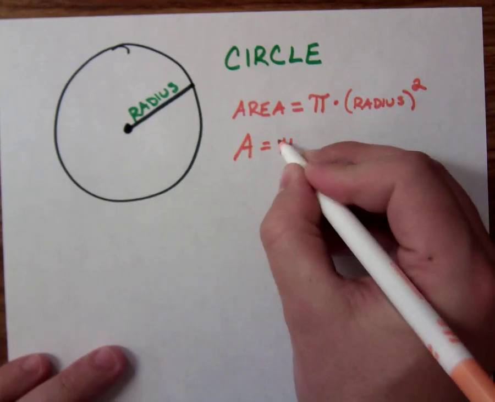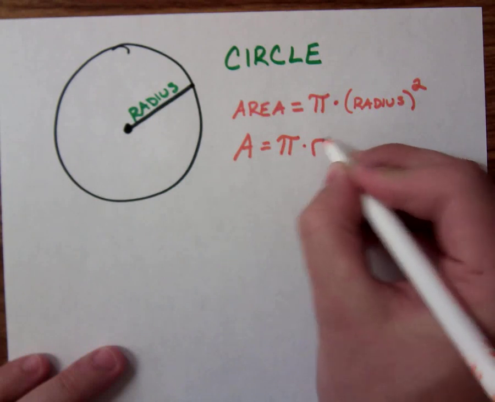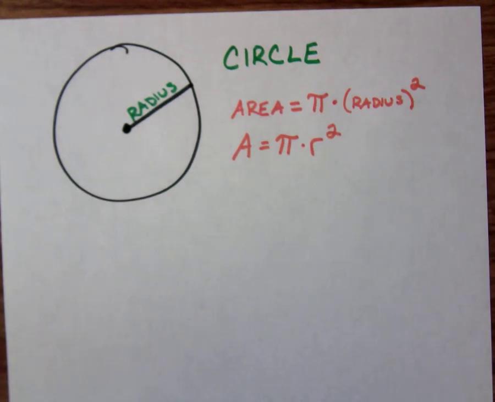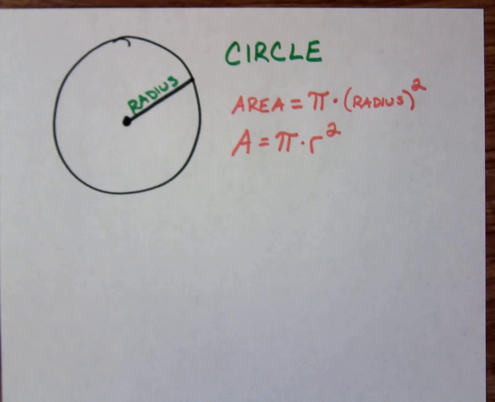Say that again? So where do you get radius squared from? Well, you'll be given either the radius or the diameter, and then you just use that. So your radius squared is just like half a diameter, because you're times radius twice. Right, that's exactly right.